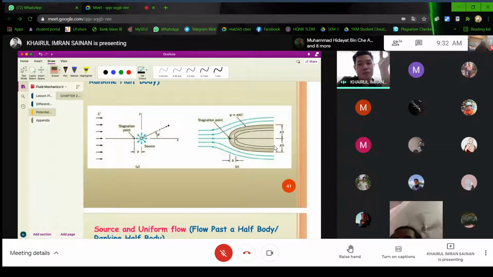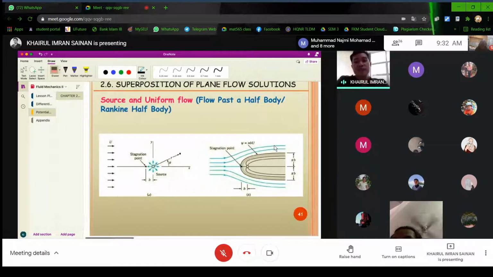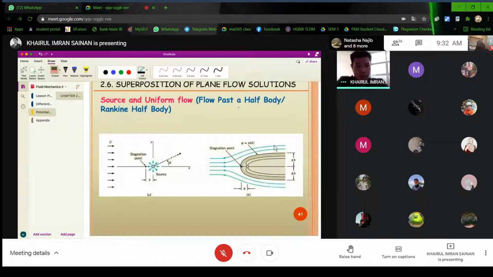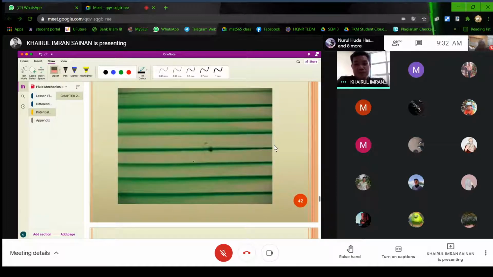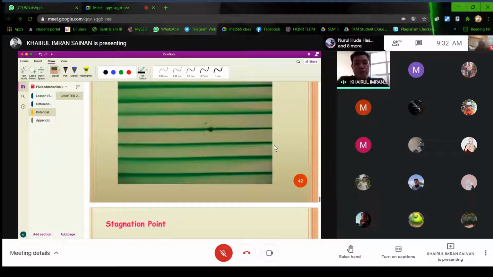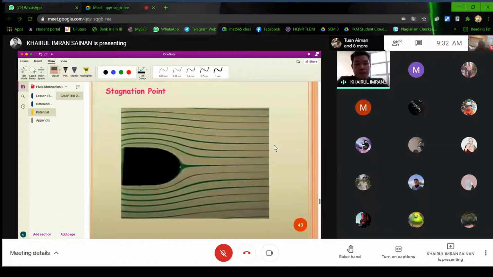Okay, this one needs to be analyzed. Okay, so from theta here, everything can be analyzed on this loop. Okay, that is Rankine half body, or sometimes we call that a flow past a half body. Okay. So later I'm going to give you a video to show you how exactly this happened.